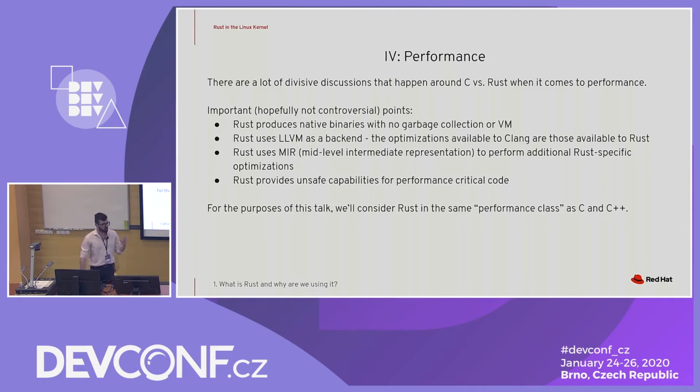When we're writing more performance-critical code that relies on some kind of unsafe pointer magic, Rust also provides unsafe capabilities to drop down to that level and really do what we need to do. We can think of Rust as generally in the same performance class as C and C++.